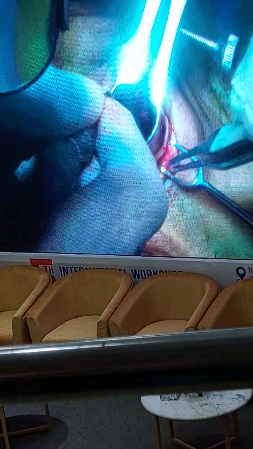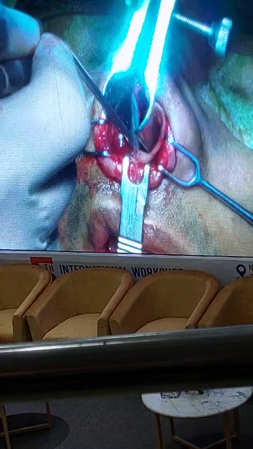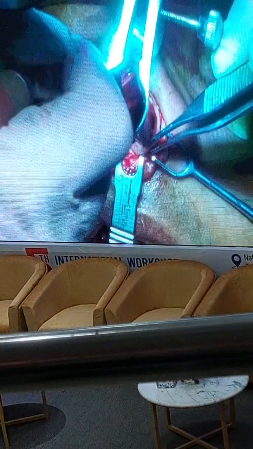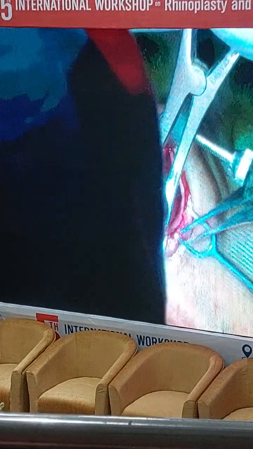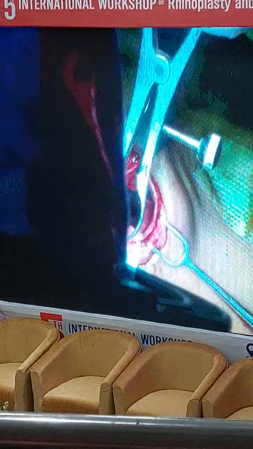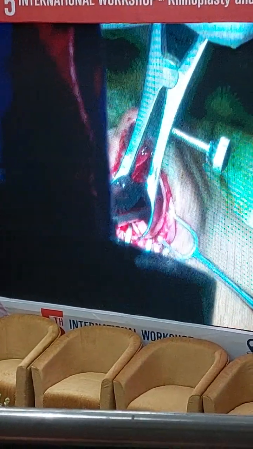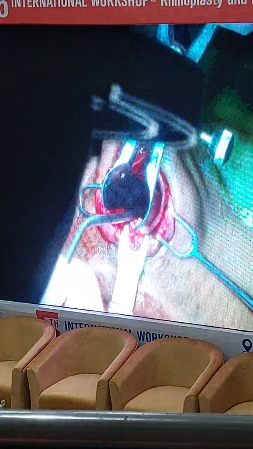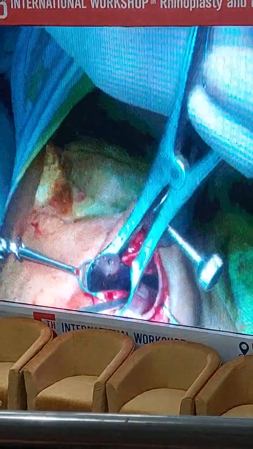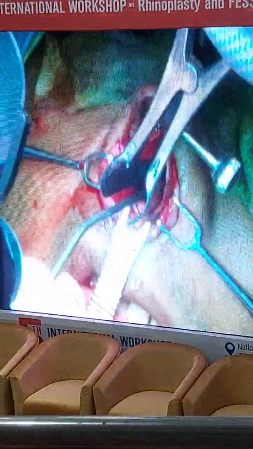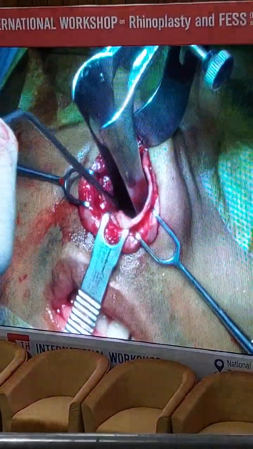We check if there is any spur or septum deviation present or not. One side is together properly, your septum.